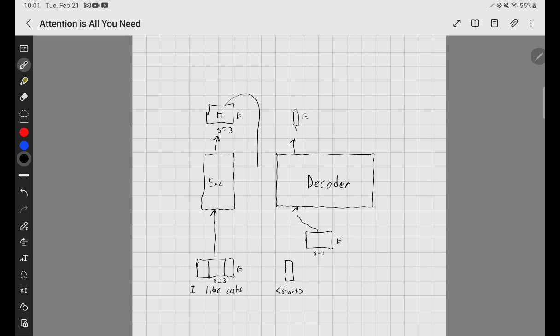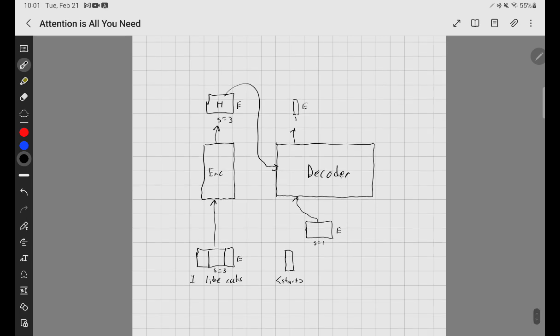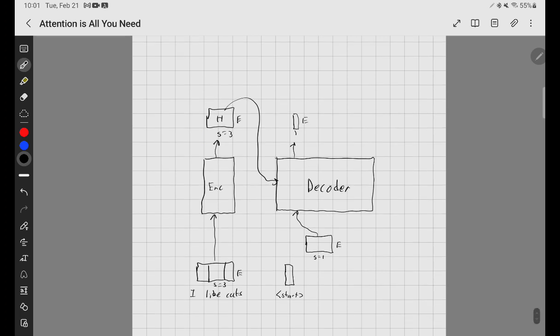And the decoder also uses information from the hidden representation. We'll get into how it does that, but anyways, you give it the input sequence start, which is just telling it to start, and it's decoding this start token into what the new representation will be. And it does that using information from the input sequence.